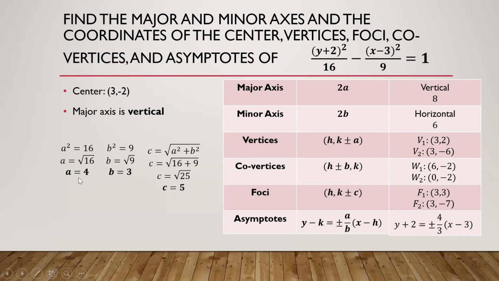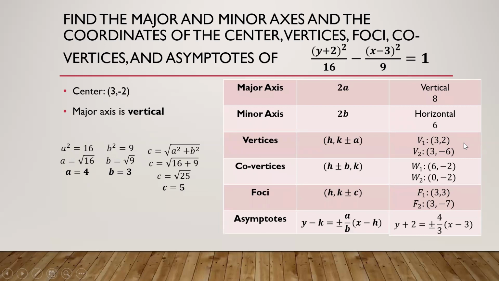Negative 2 plus 4 is 2. For our h, we just copy it, which is 3. So 3, comma, 2. Next, h, comma, k minus a. So k is negative 2 minus 4. That gives us negative 6. So 3, comma, negative 6.